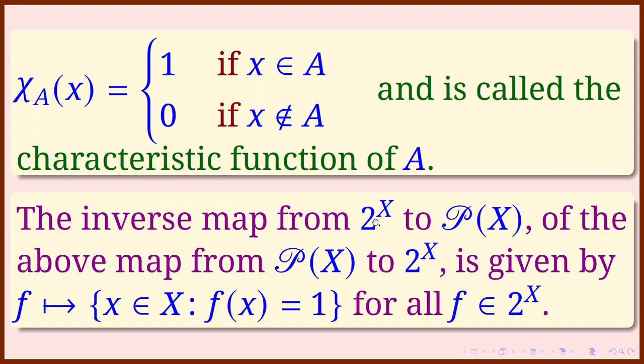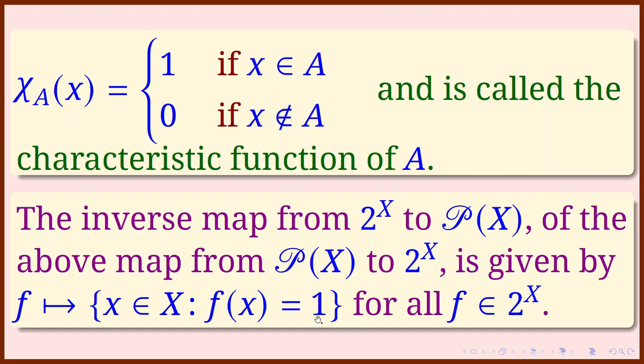the inverse map from 2 to the power X to P(X) of the above map is given by: start with an arbitrary element of 2 to the power X, that means start with a function from X to the doubleton set {0, 1}, suppose this is f, and send it to the set of all x in X such that f(x) is equal to 1.